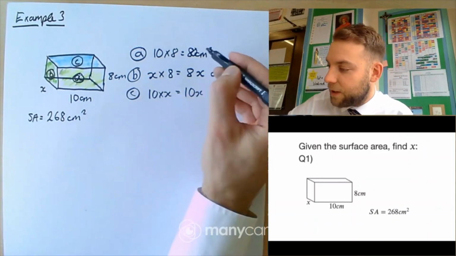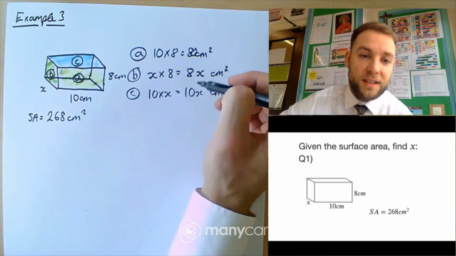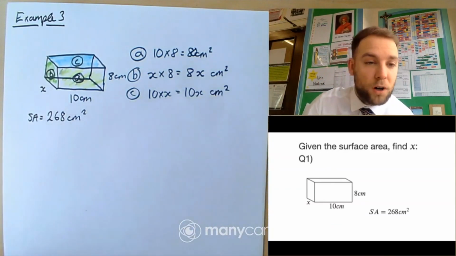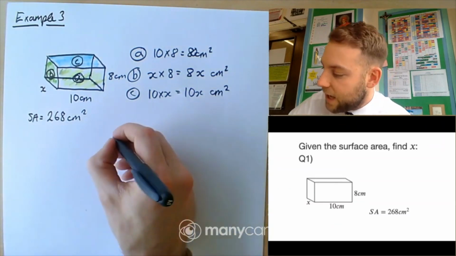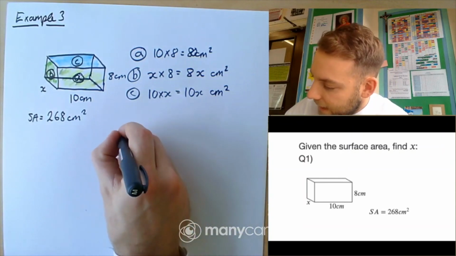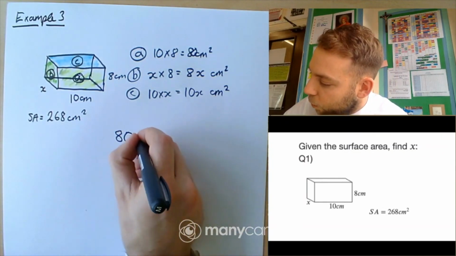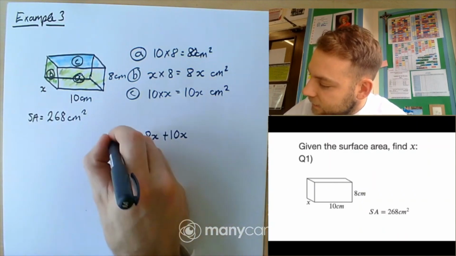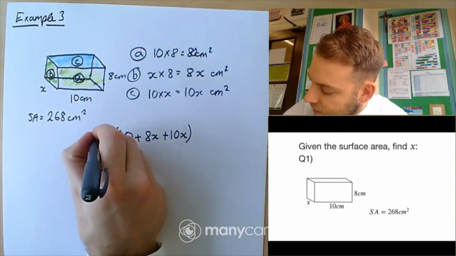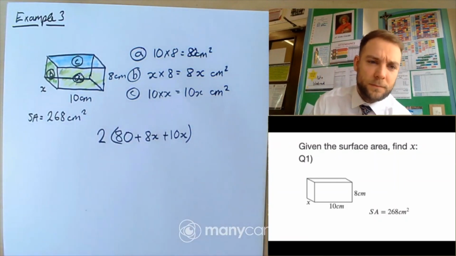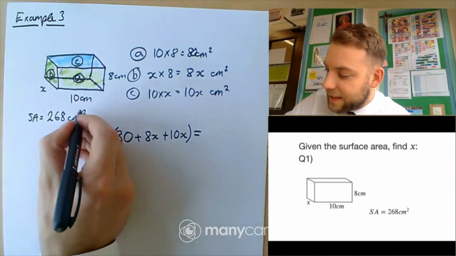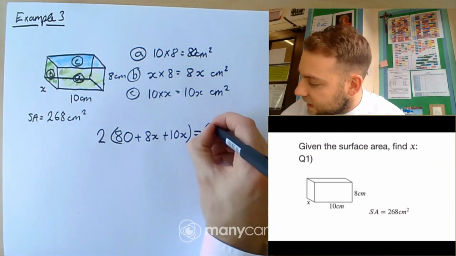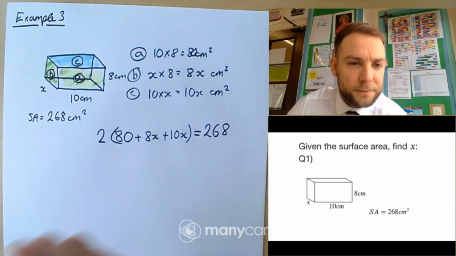We do exactly the same. We're going to add this, and then times by 2, and that's equal to our surface area. So here I've got 80 plus 8x plus 10x times by 2. And I know that's equal to the surface area, which in this case is 268.